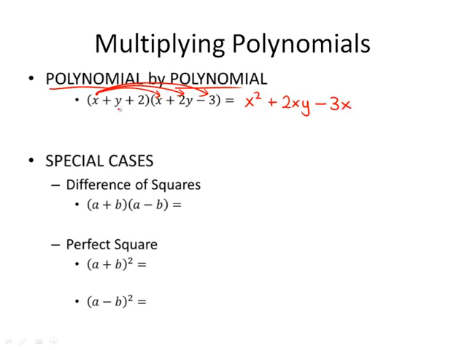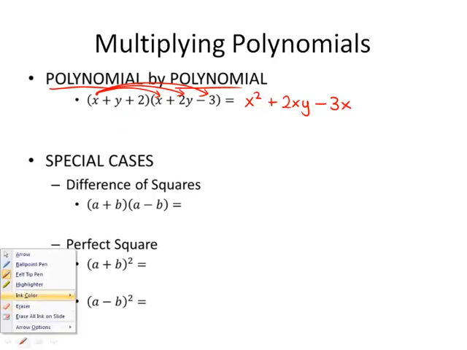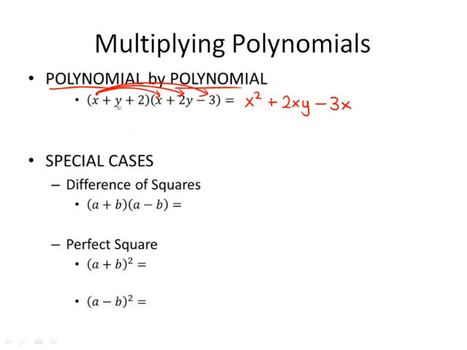The next layer I'll do in blue, and that will be multiplying every single term by y. Because I don't have enough room here, I'm just going to keep writing it a little bit over here. So y times x gives us positive xy, and then y times 2y gives us positive 2y squared, and y times negative 3 gives us negative 3y.